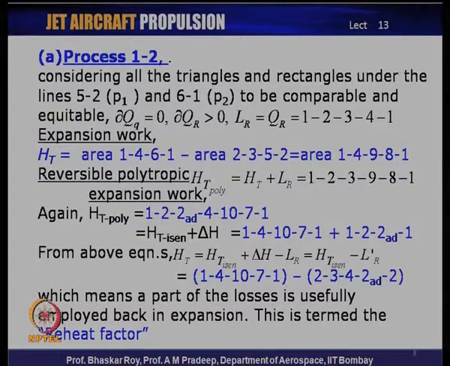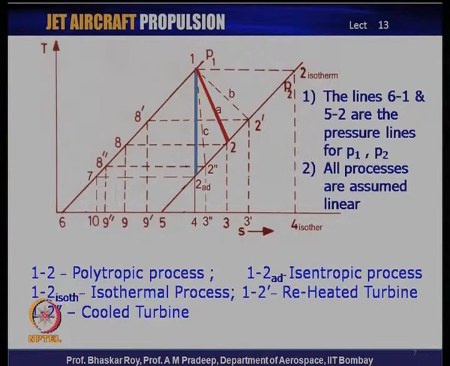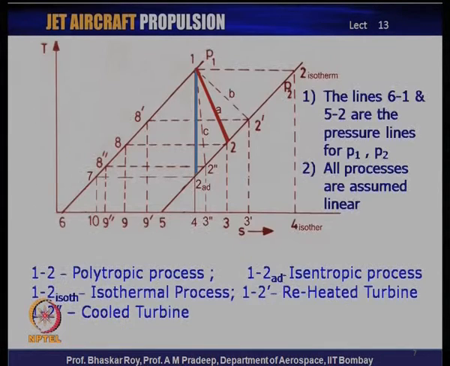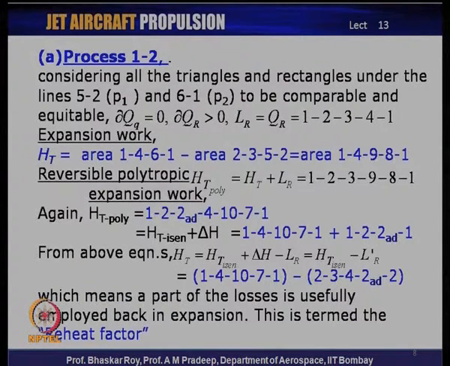Losses, of course, are not available for functioning of anything, and this would then be H T isentropic minus the losses, which we can write in terms of 1, 4, 10, 7, 1 that we have shown earlier, and then minus 2, 3, 4 to adiabatic to 2. This is the rectangle which gets subtracted from the earlier rectangle, and that is your work done.